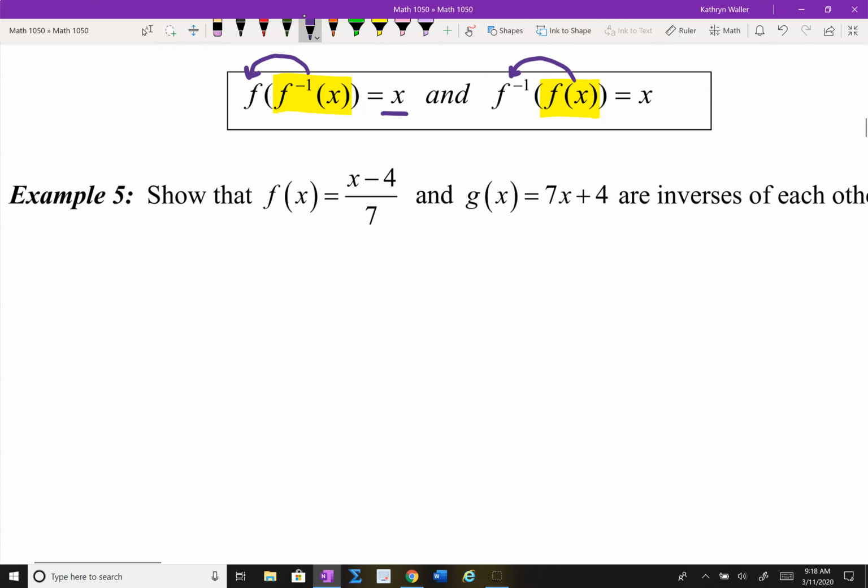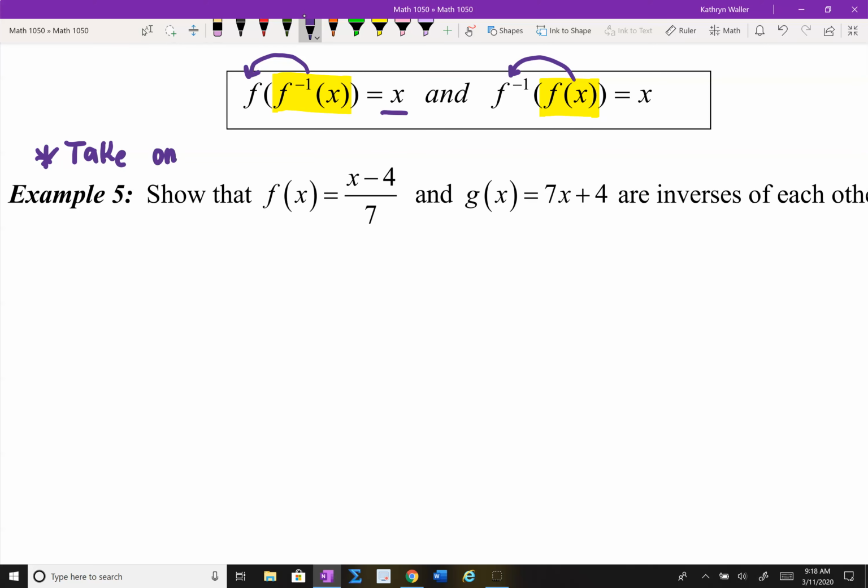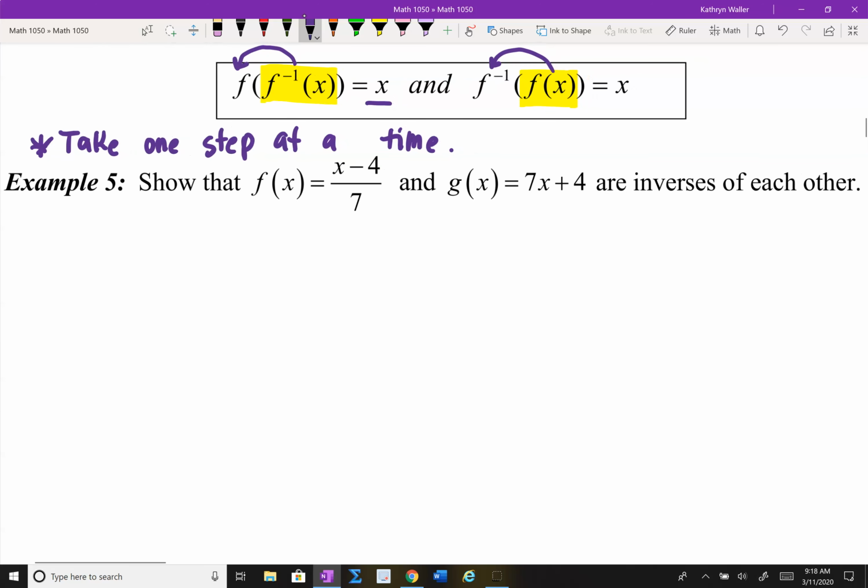Okay? Up above example 5, I want you to put a little asterisk, and I want you to write down the words, take 1 step at a time. If you take more than 1 step at a time, then I don't know that you know how to simplify this correctly, okay? Show that these are inverses. I think this is highlighted, is it?